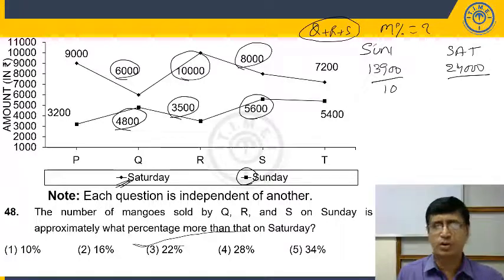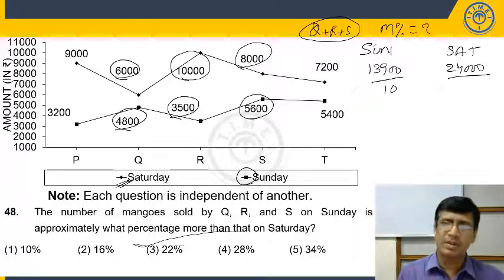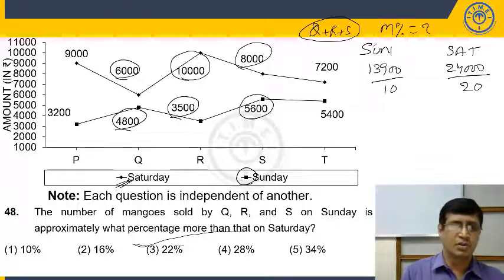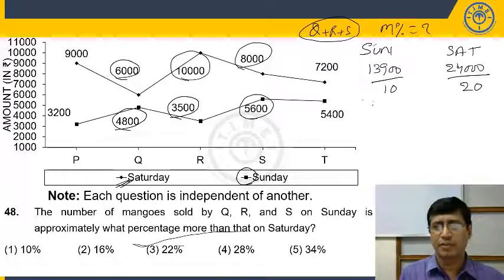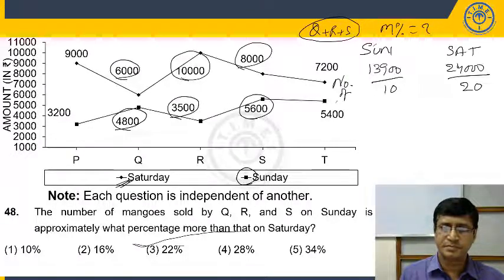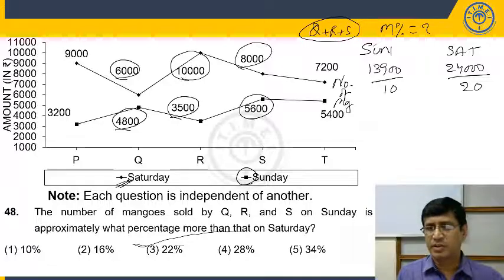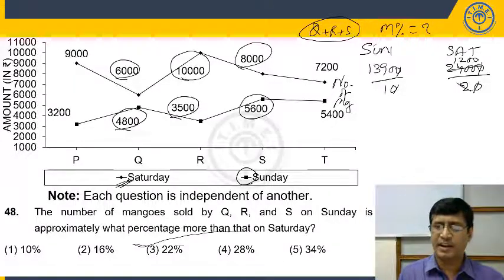Whereas the cost of mango on Saturday is 20. Now simplify this. So simplifying this, you will get the number of mangoes. The cancellation, 0 to 0 you can cancel. Again here 0 to 0. Simplify. It goes 1200 times.